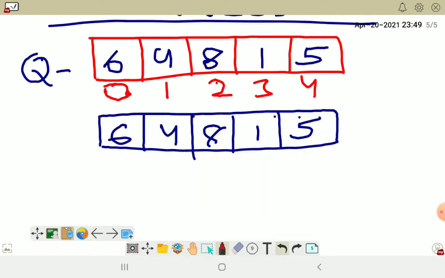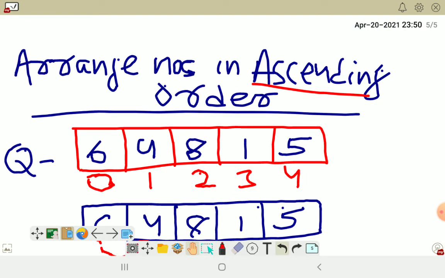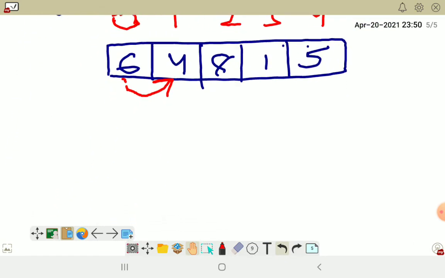So students, whatever number you kept in the first block, you first compare it with the next, whether it is larger than this or not. Why am I saying larger? Because we are going for ascending order, which means smallest first.